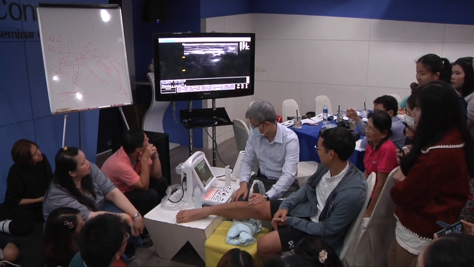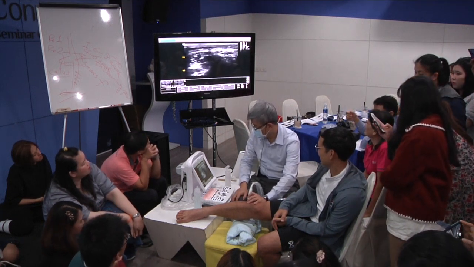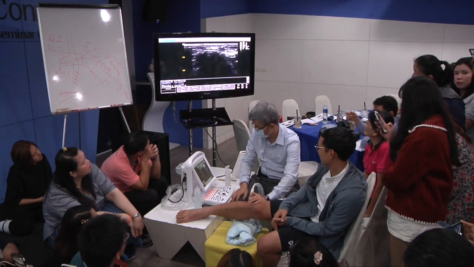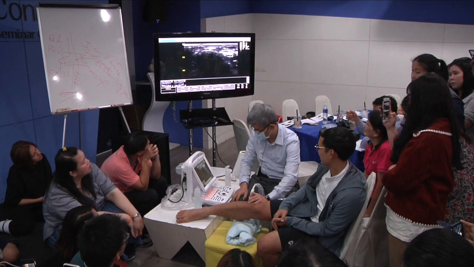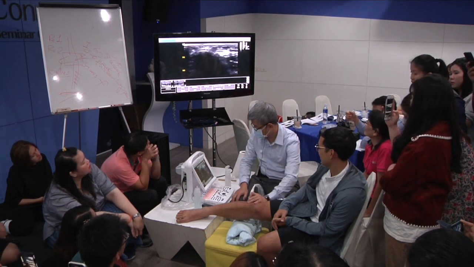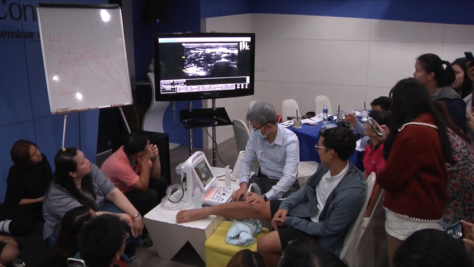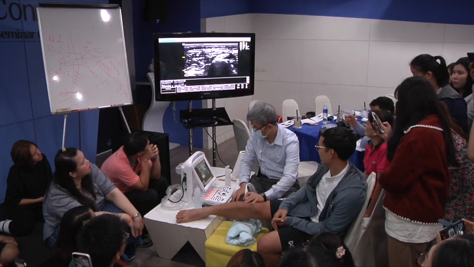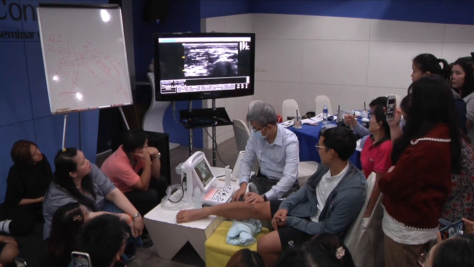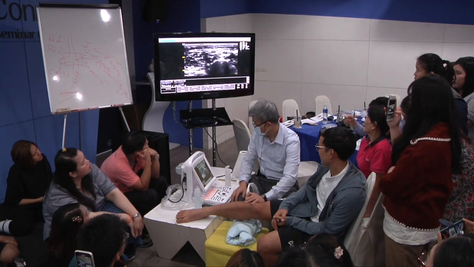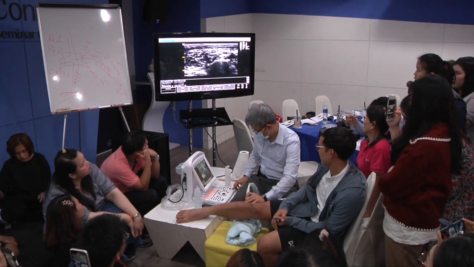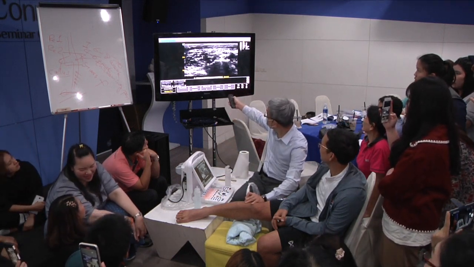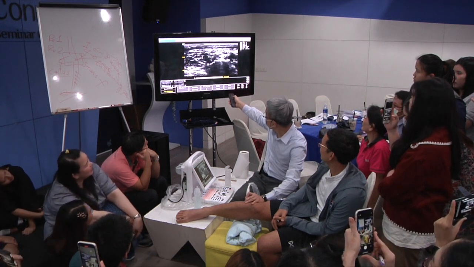Always check the orientation. Okay, fibula. Okay, say goodbye to the extensor digitorum longus. But if you are still interested, the common peroneal nerve just passes under the head of the fibula.